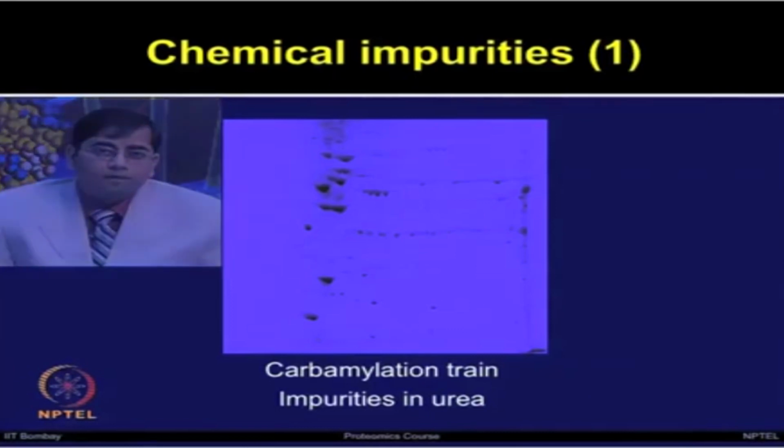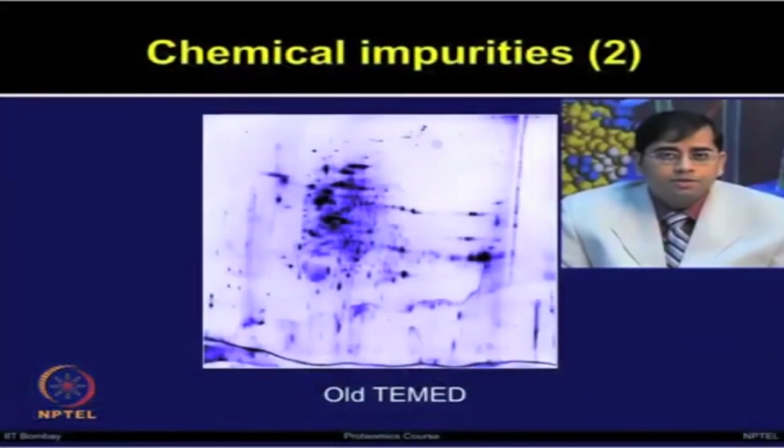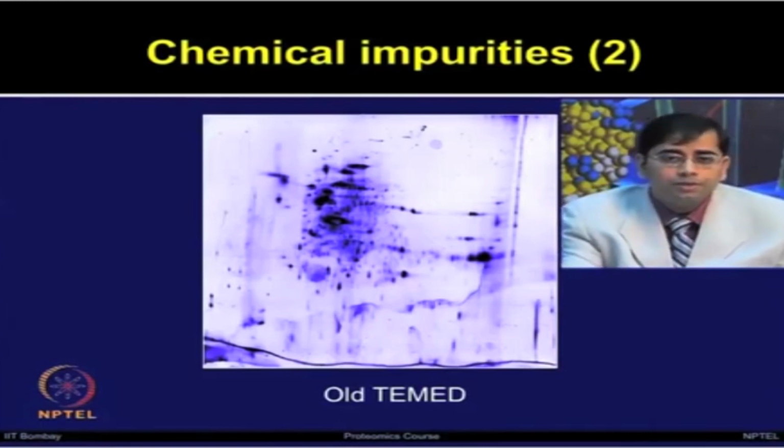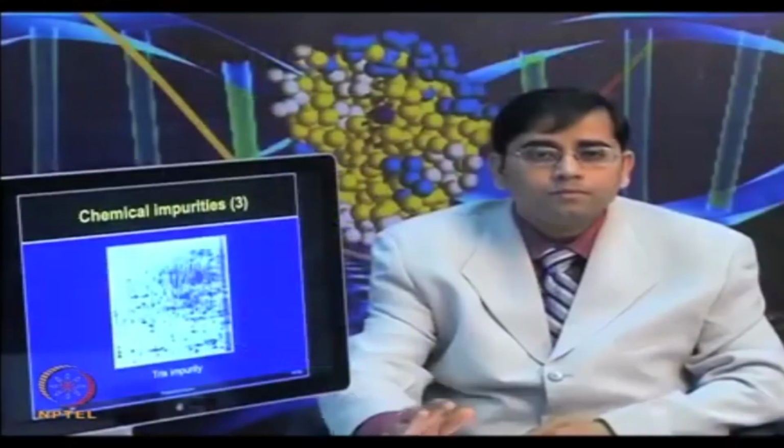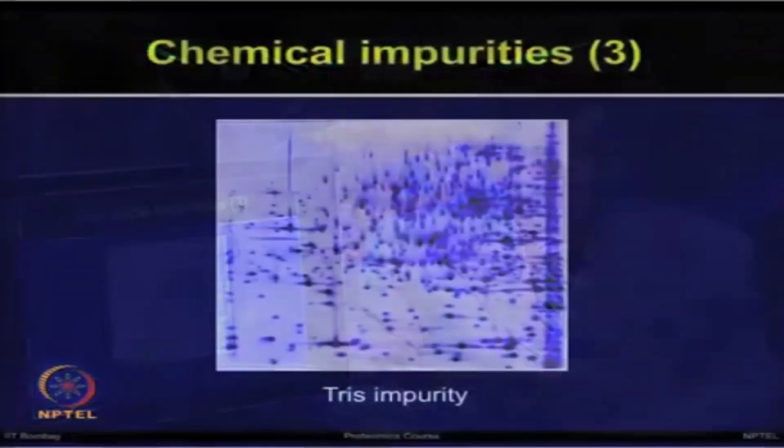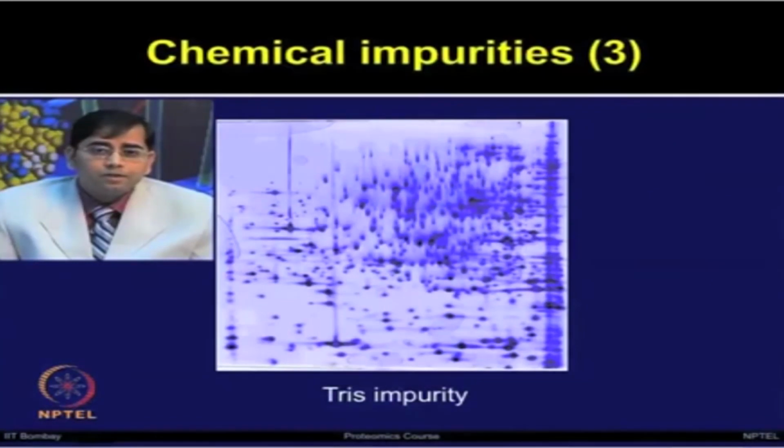If the TEMED is very old, often a very small amount of TEMED is used in making the second dimension SDS-PAGE gel. So, people often use that bottle for a very long time, and if TEMED is very old, you can see some bad pattern on the gel, something similar to what is shown in this image. Now, if your chemical such as Tris is not of very good quality, it is impure, again that will show some artifacts in the gel.